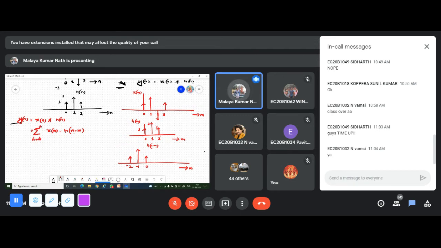Now in this case n is equal to 0. If I take n equal to 0, this expression becomes y of 0 equals the summation of x of m into h of minus m. So this is h of minus m, and this is x of m.